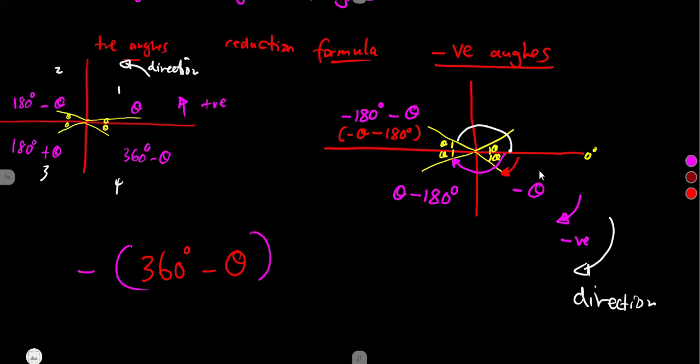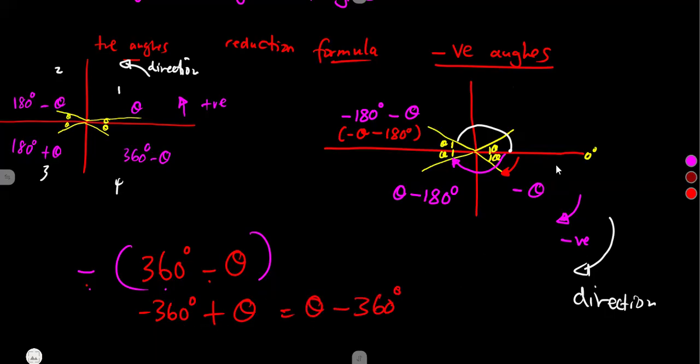So we're simply going to multiply by a negative, because these are negative angles. Every negative angle, multiply by negative. So let's multiply. Negative times 360, that's negative 360. Negative times negative, that's positive theta. So our angle can be written, starting with the positive, as theta minus 360 degrees.